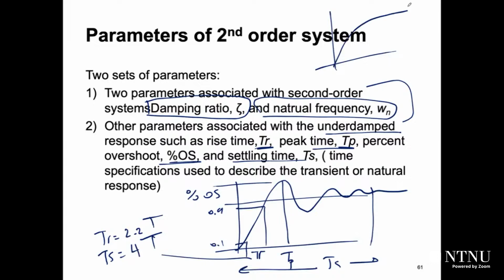We don't have overshoot, we just have maybe rise time and settling time. We don't have peak time, right? But we will have a settling time. We will also have maybe rise time, correct? Time constant we have, but we will not have overshoot or peak time. So those parameters are associated with the underdamped response of the second order system.